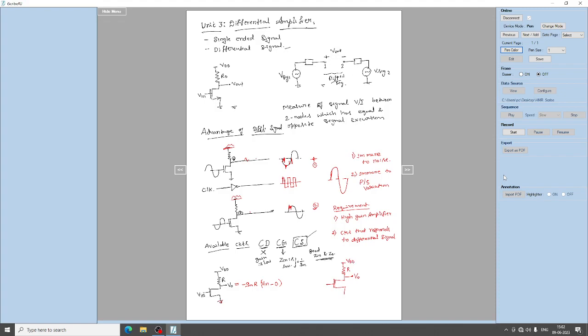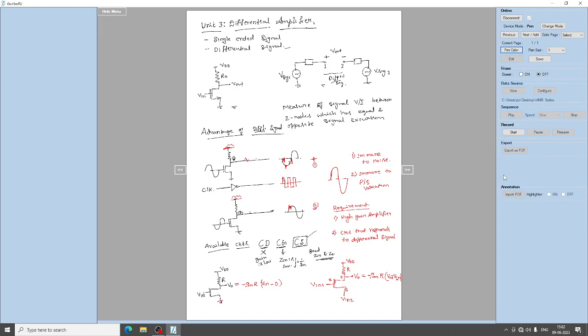So now in the same circuit we give one input to the gate terminal and the other input to the source terminal, right? So my output voltage can be written as minus gm into r into V in 1 minus V in 2, right? V in 1 minus V in 2.